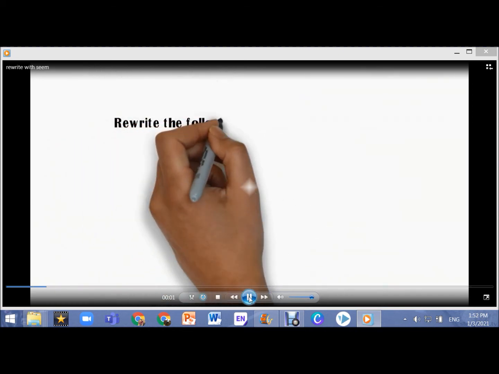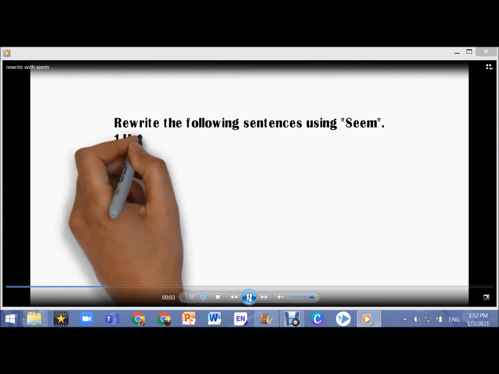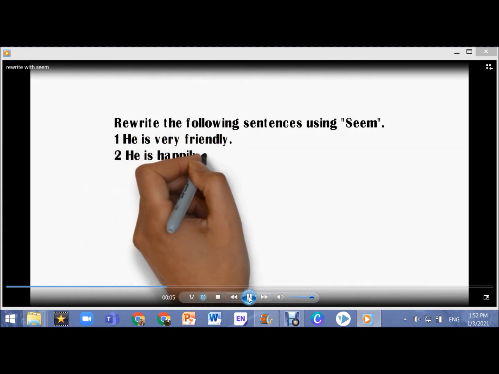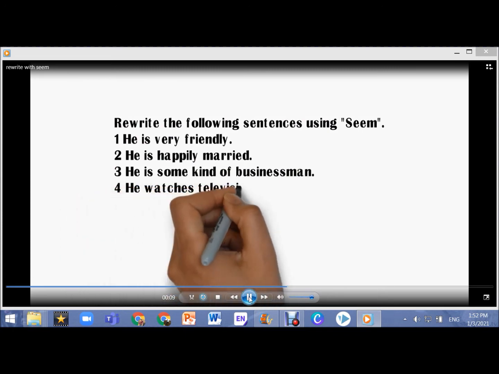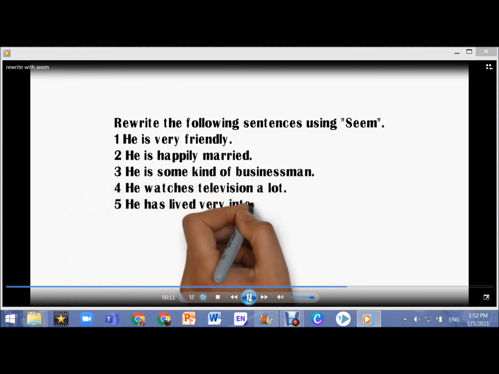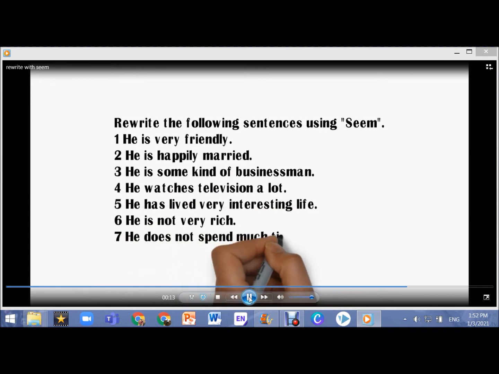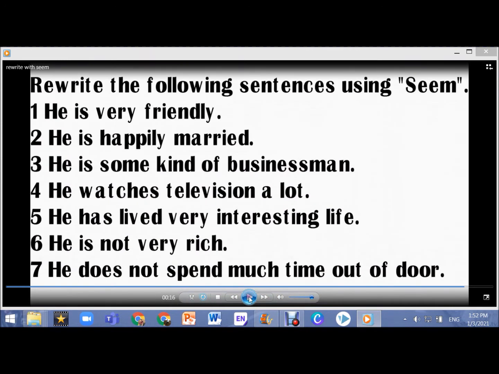Let me start from the exercise given in the textbook, Meaning into Words, student book. Let's see how to implement those structures in the process of solving questions. You will basically get two types of question. One: rewrite the following sentences using seem.